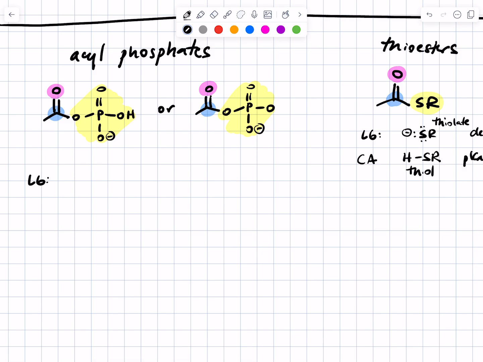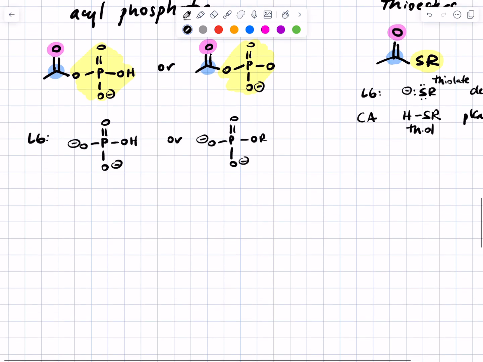So in both of these cases, the leaving group is the dianion that would look like either of these things. And based on what we talked about in chapter 15, the conjugate acid of the dianion is the monoanion.